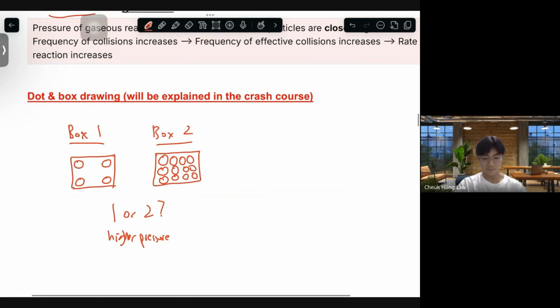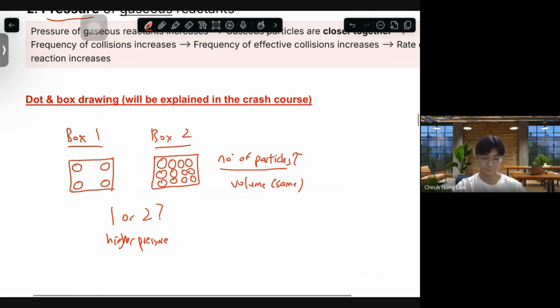Pressure, you can think of it as similar to concentration, number of particles over unit volume. In box 1 and 2, the volume is the same, but in box 2, there are 12 particles. So the number of particles increases in box 2, so the pressure is higher.